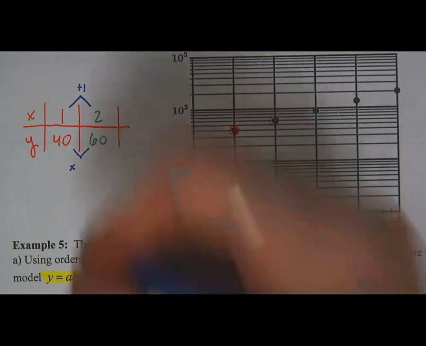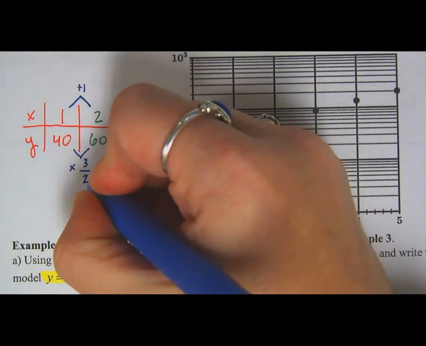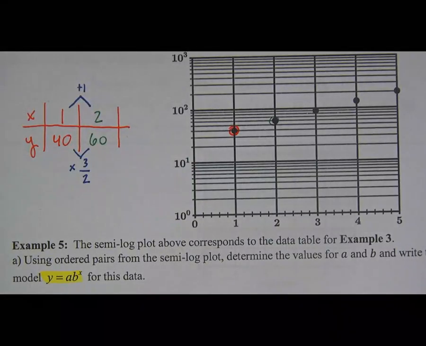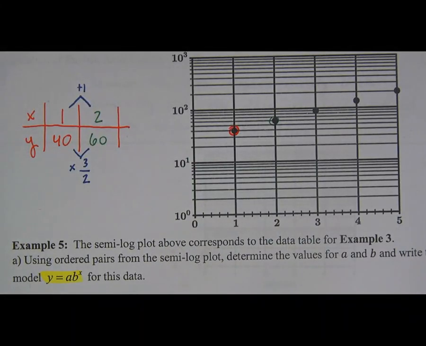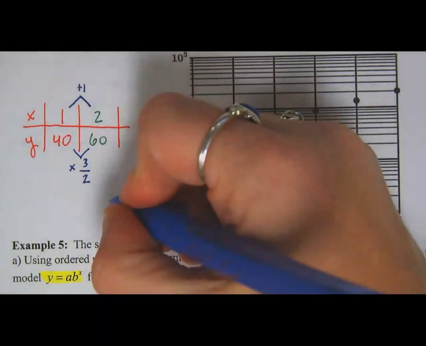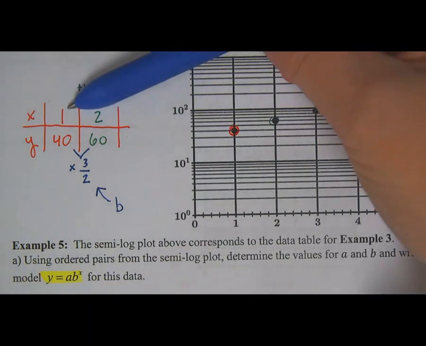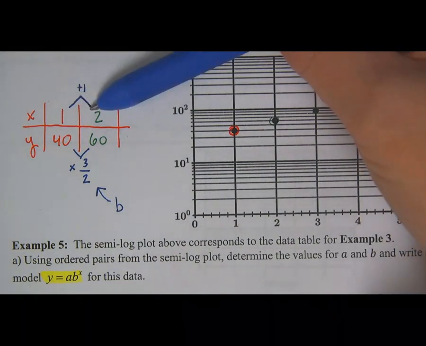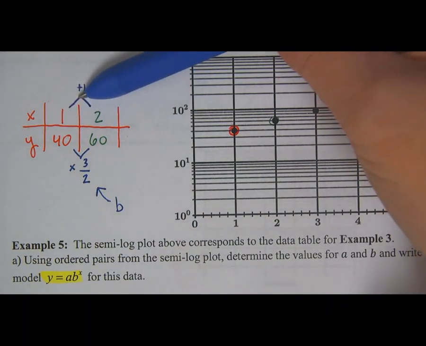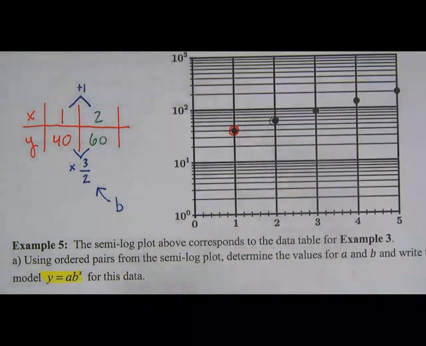That's 3 halves. So we're multiplying by 3 halves to get from 40 to 60. Once again, the only reason I'm able to say, oh, that's b, is because my x values are increasing by 1. In the homework example, our x values aren't increasing by 1, so it won't be this simple.